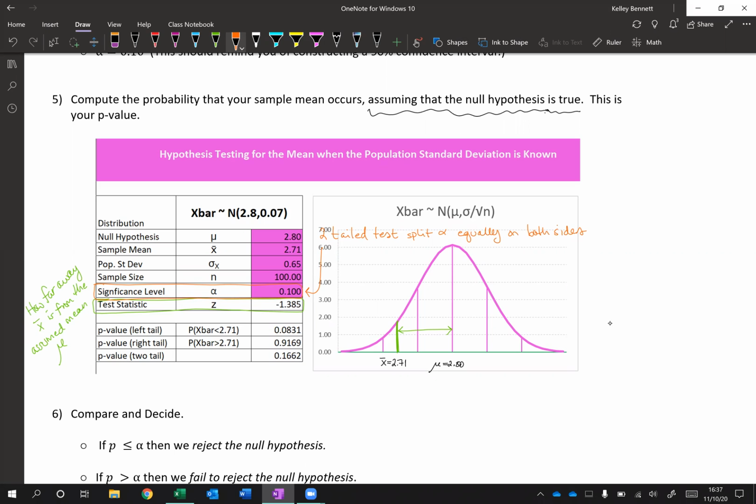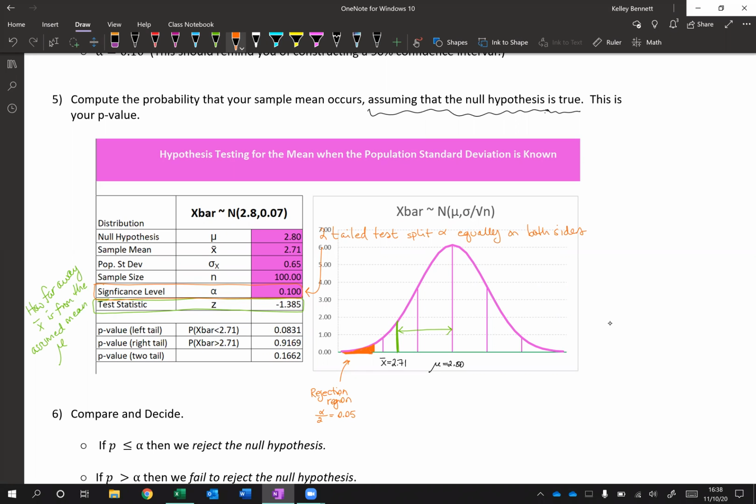So we want to have equal area, equal rejection regions on both sides. That's what it means really to be a two-tailed test. So here we have a rejection region, and it is equal to, remember, if we're splitting it equally on both sides, 0.05. So this area here is 0.05.